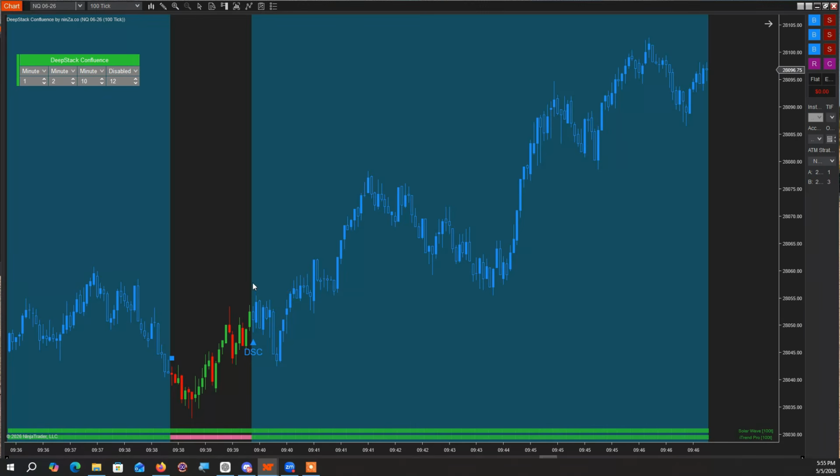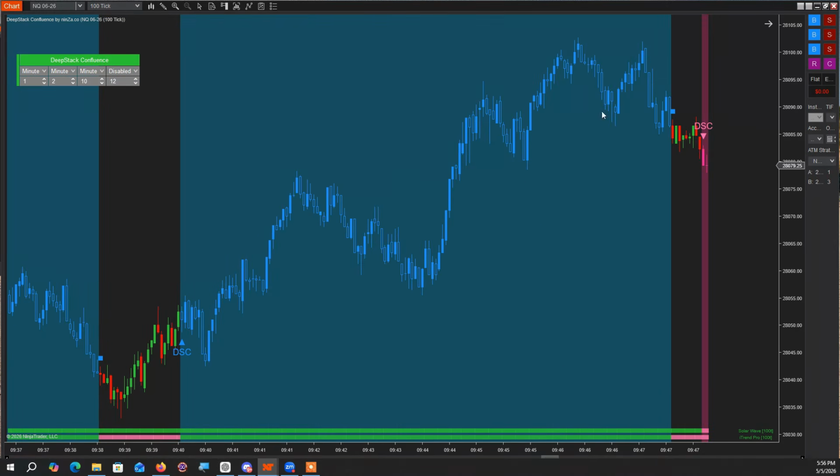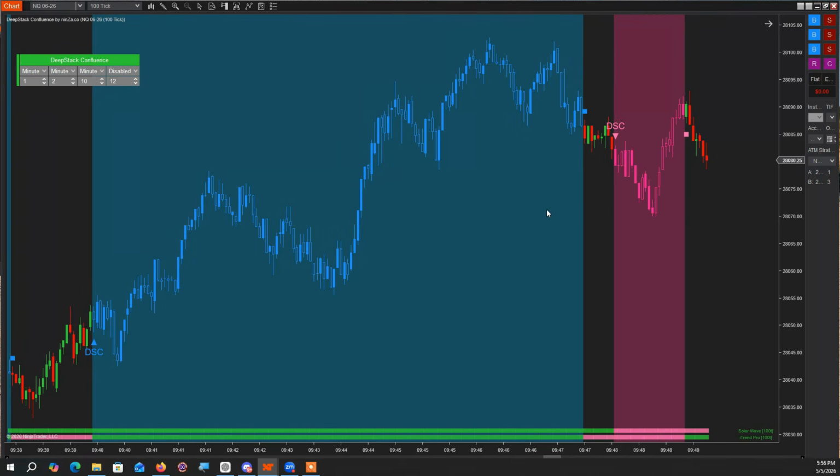After we get this signal, you see there is a pullback, but this pullback is not enough to change the bullishness of the condition here. So the indicator stays bullish, and there was a very impressive move up, and just look how it stays bullish for quite a while. And then there is a short signal.